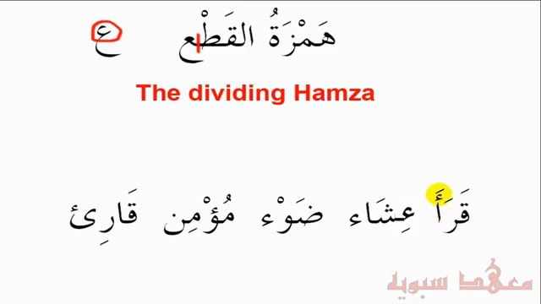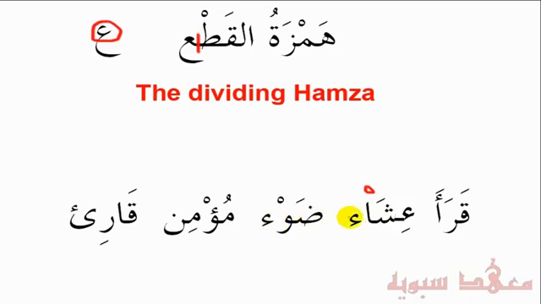Now when we have a letter that has a sukoon, as in these 2 words here, Isha and Daw. So here there's the elongation, Isha, the long vowel, but here is actually a sukoon. And when this happens, the Hamza is all alone by itself in both of these cases.